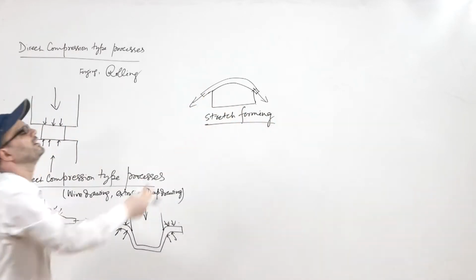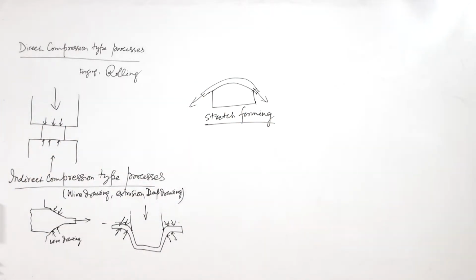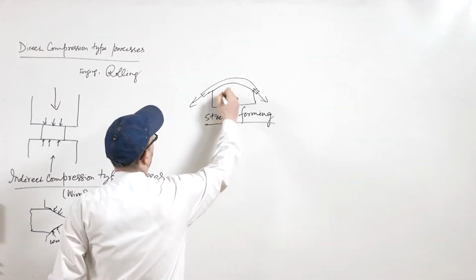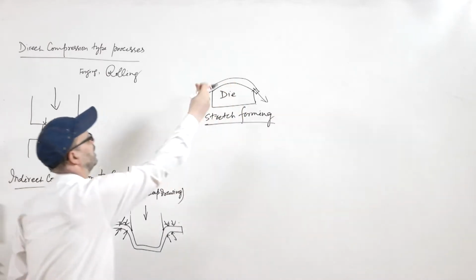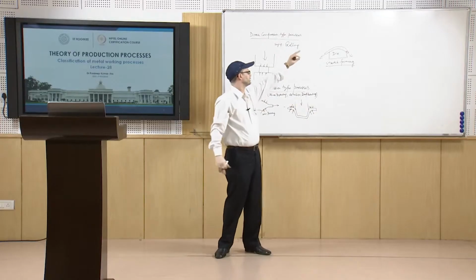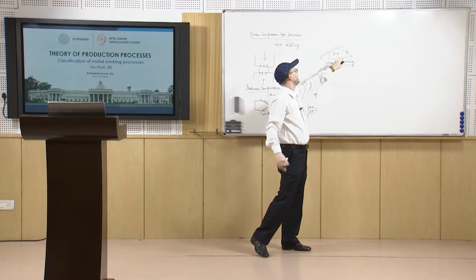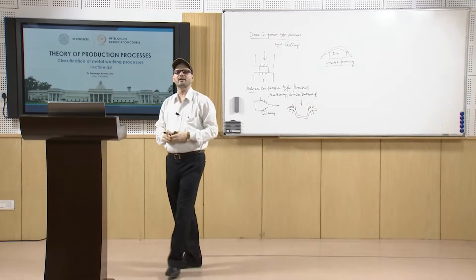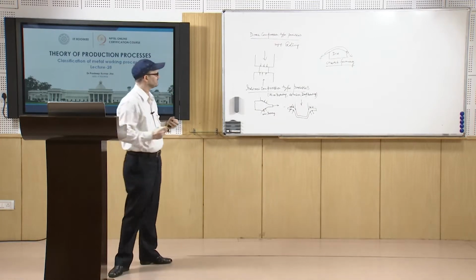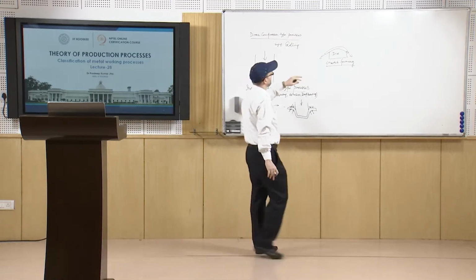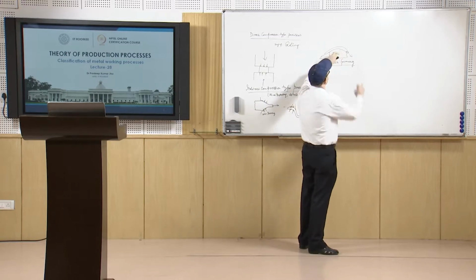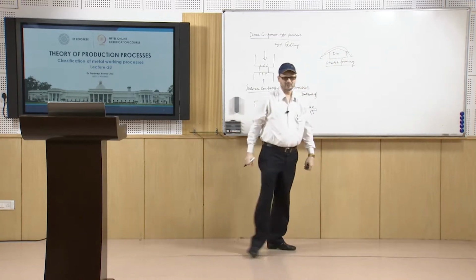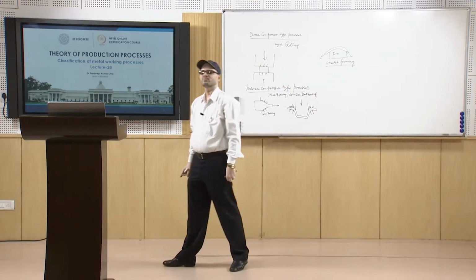Depending upon the shape of the form block or the die, you can say here, in this case this is a die. When we use this in the case of using the lathe or so, then we call it the form block. But then this is a die, so you are giving that sheet and applying these tensile forces from both the sides, and depending upon the shape that will be stretched on both the sides, that is known as stretch forming.